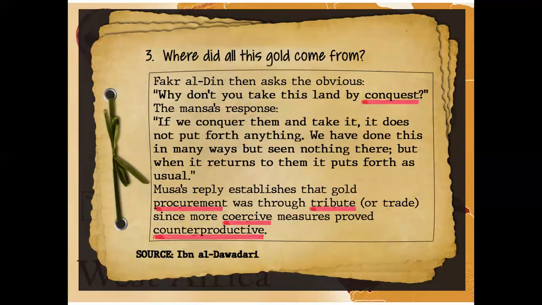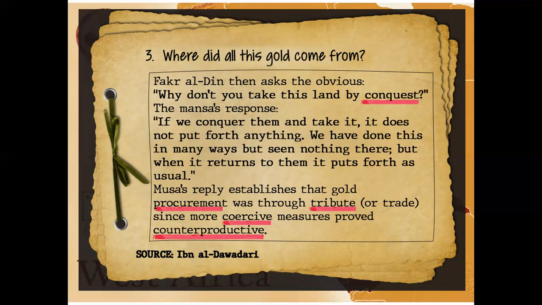And so Mansa Musa has learned that it is better to have them pay tribute in gold to keep the Mansa and his armies from invading them and taking them over, than try to just take them over and control them by threats and violence.